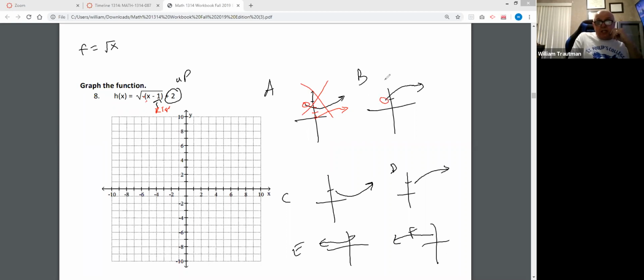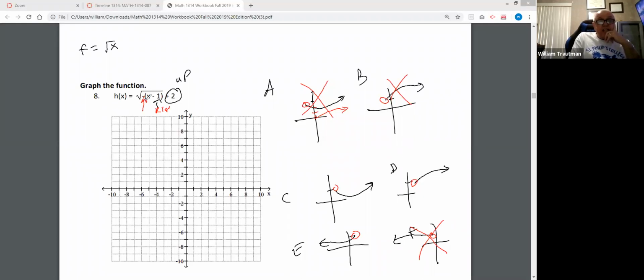This one went to the left. This one went to the right, 1 spot. This one went to the right, so we're okay there. This one went to the left, or to the right. That's good. This one went to the left. That's not good. And then the only thing else we have, so we have 3 possible answers.